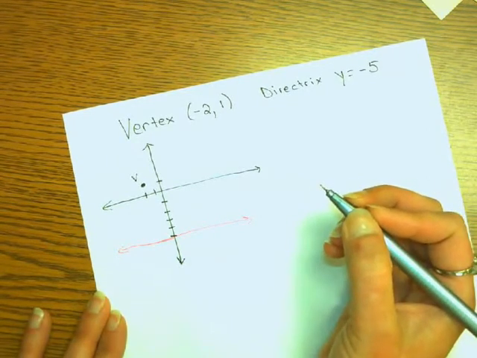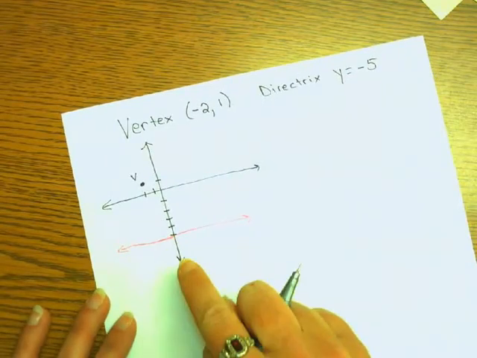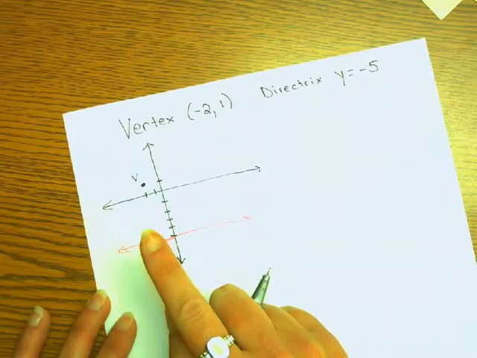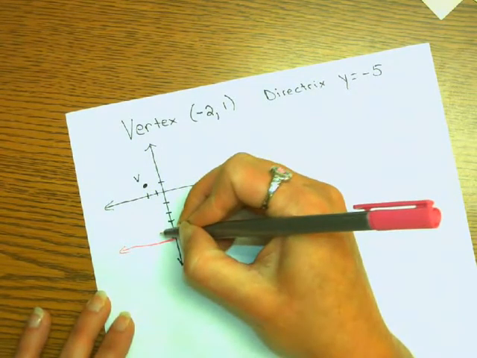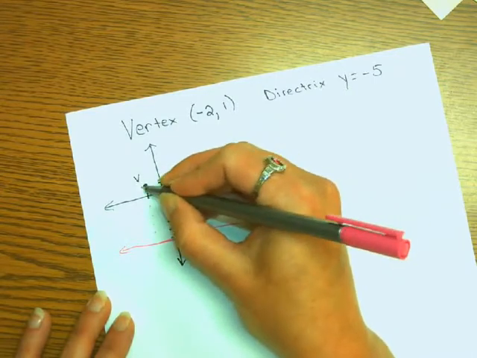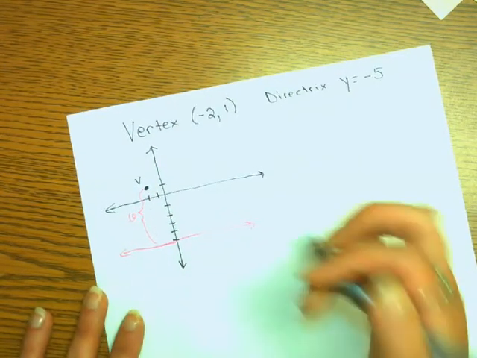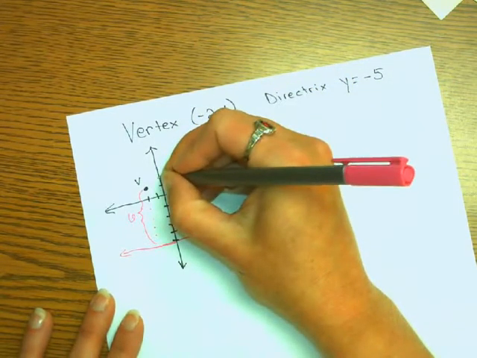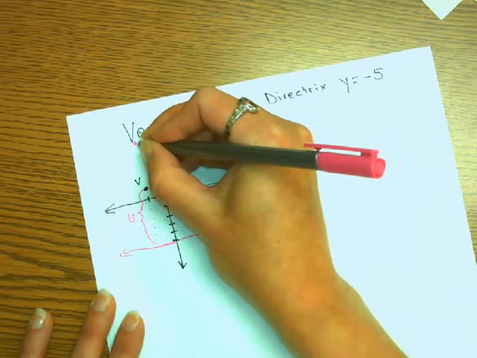Now, which way is my graph going to open? So the vertex was halfway between the directrix and the focus. So how many steps is it from here to here? 1, 2, 3, 4, 5, 6 steps. 6 steps that way. So that means that the focus would be 1, 2, 3, 4, 5, 6 steps this way.